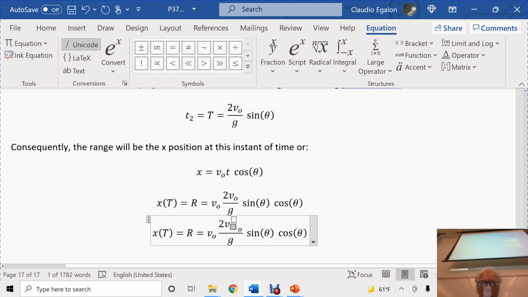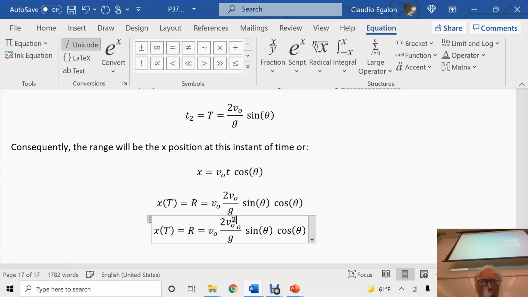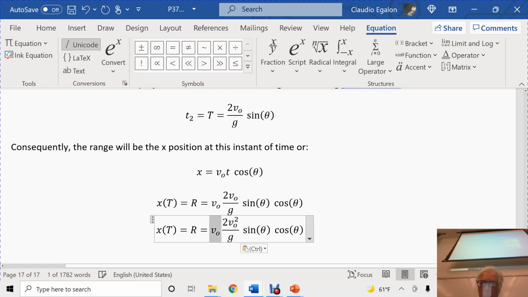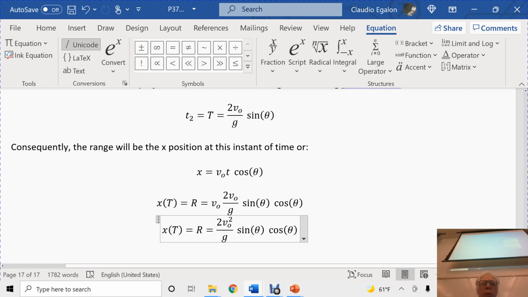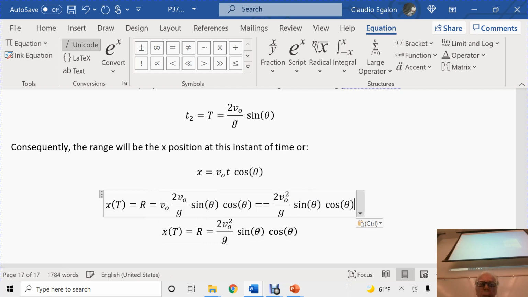And there is something else that we can do to simplify. I'm going to continue the derivation in the previous line, so I can save space.